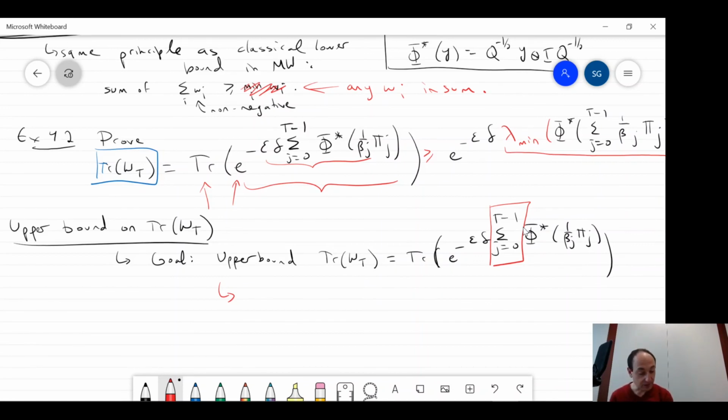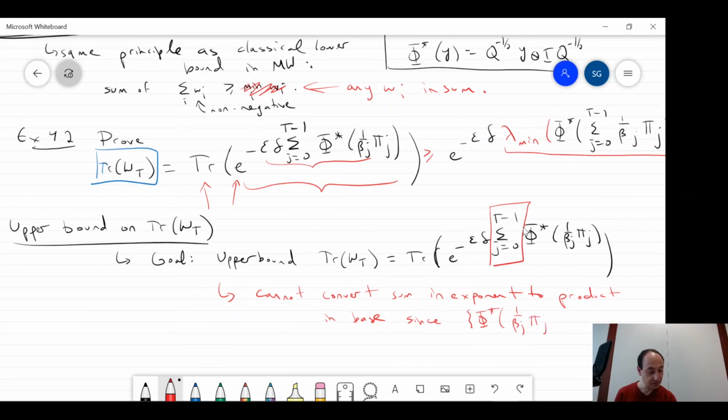So we cannot convert a sum in the exponent to a product in the base, since these phi star of 1 over beta j pi j, this set of operators, don't commute.